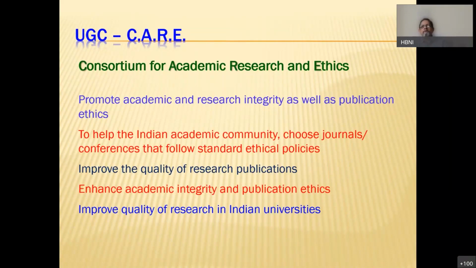So there are sometimes problems related to academic integrity as well as publication ethics. UGC would like to improve upon this by making people aware of these issues. So the overall intention of UGC has been that the overall quality of research in Indian universities must finally improve on the current situation. This is the reason for the establishment of this consortium for academic research and ethics chaired by the UGC.